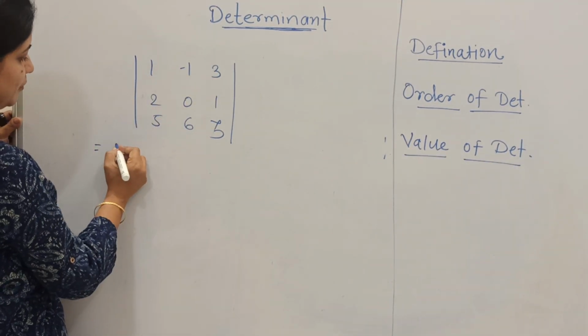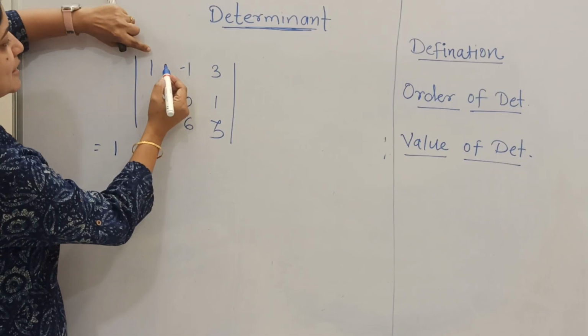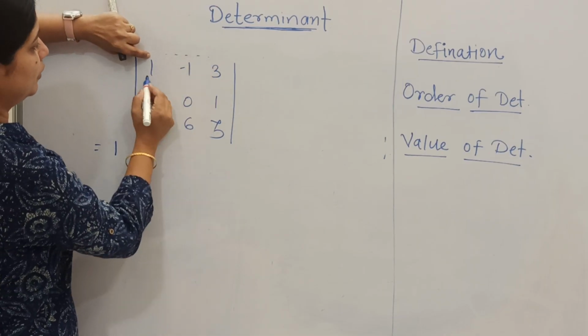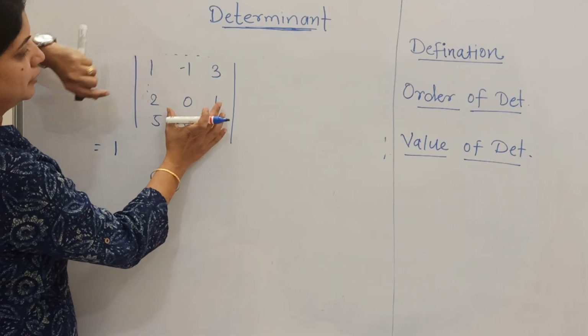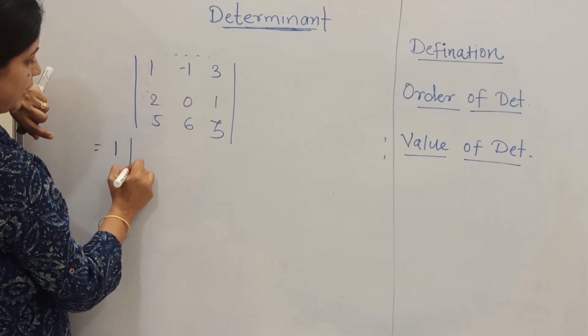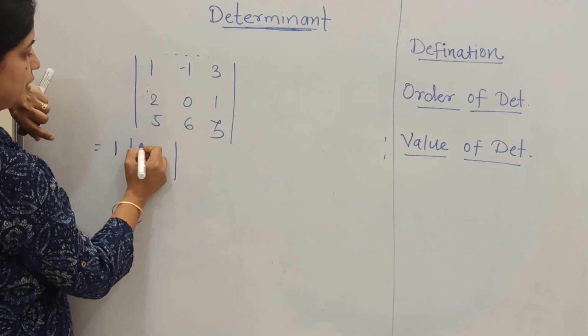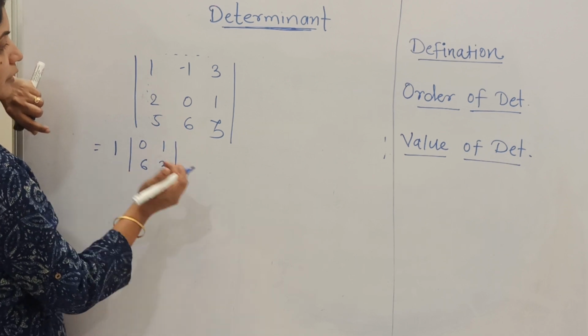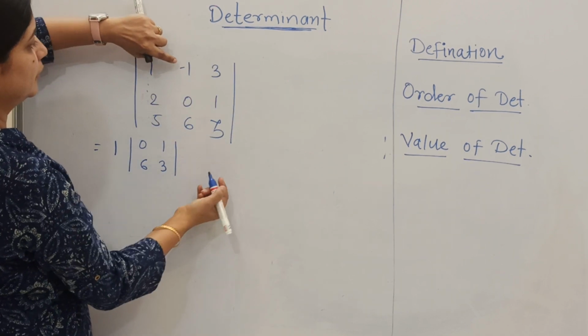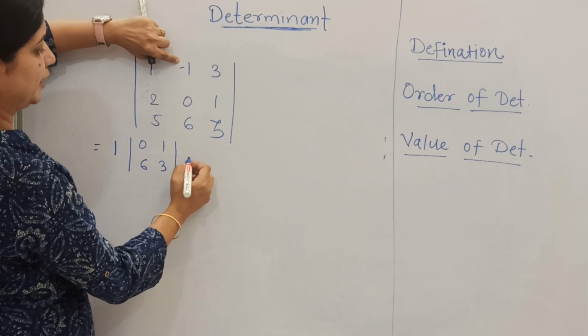Take the first element of the first row, then skip that row and column in which the first element lies and take the remaining elements as a minor, or the determinant. So 0, 1, 6, 3. Then take the second element with a minus sign.